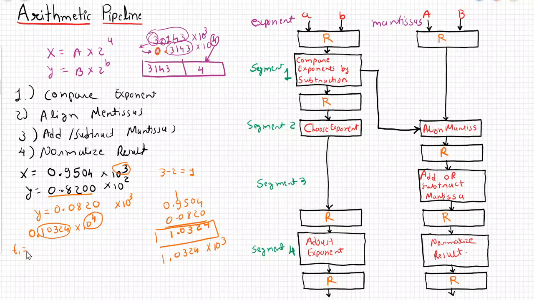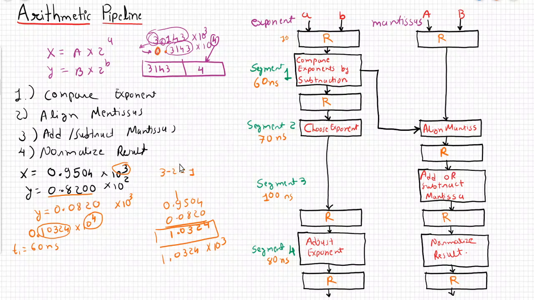The time required by the first segment is 60 nanoseconds, the second segment 70 nanoseconds, the third 100 nanoseconds, and segment 4 is 80 nanoseconds. Suppose the interface register has a delay of 10 nanoseconds, meaning accessing these registers takes 10 nanoseconds.